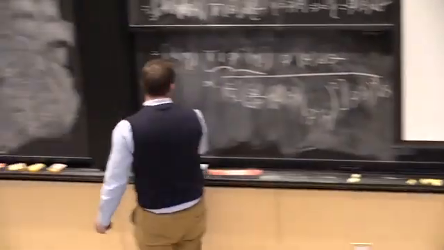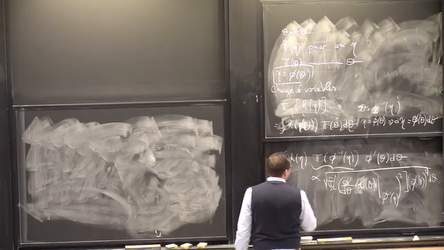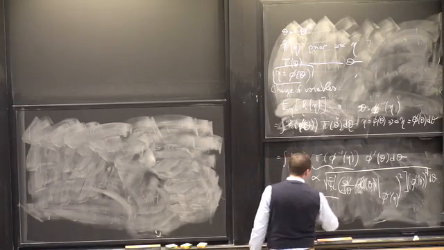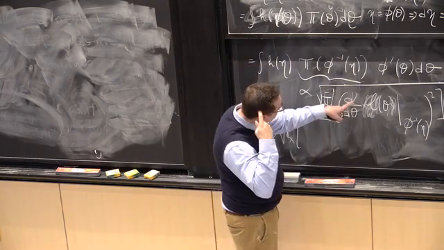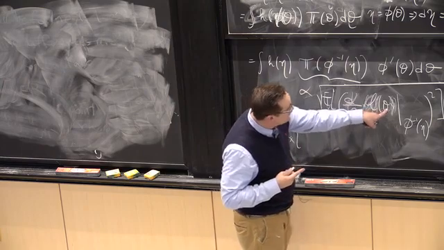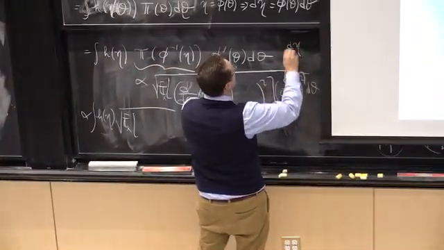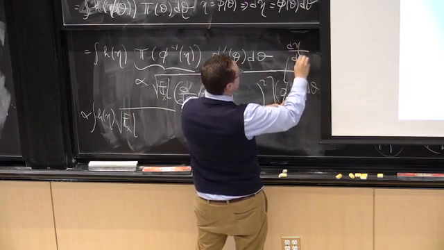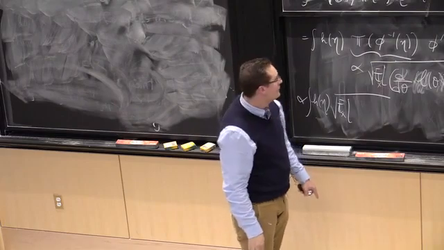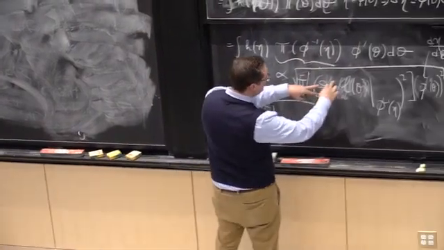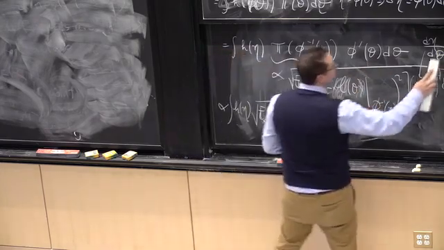And so what I have now is that this is proportional to the integral of h of eta times the square root of the expectation with respect to x of what? Here I have d over d theta of the log likelihood. And here this guy is really d eta over d theta, right? Agreed? So now I get d over d theta times d theta over d eta.